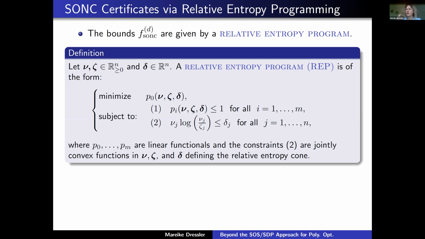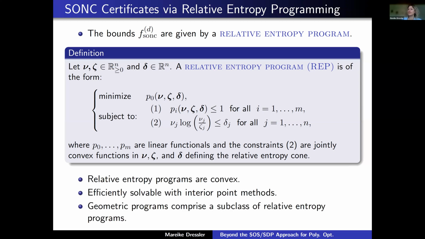And this is just a cone which is really defined by this relative entropy function, which is given as the sum of these functions here. Some also call it the Kullback-Leibler divergence. So these are relative entropy programs.